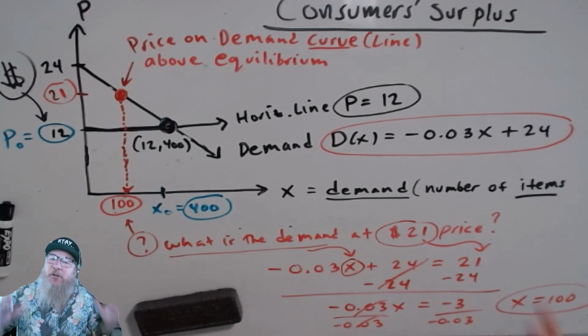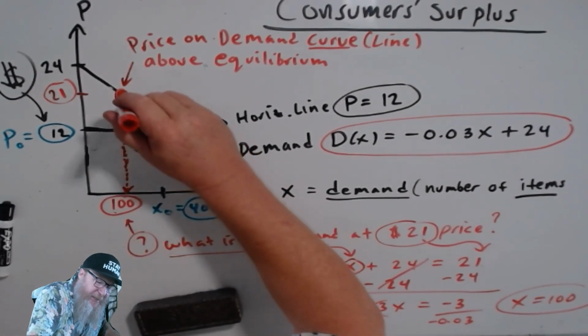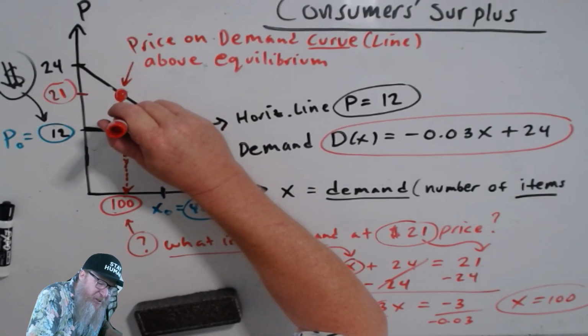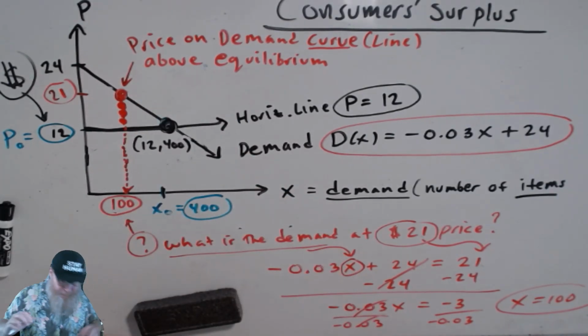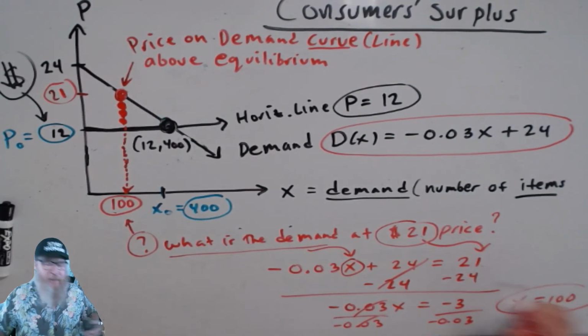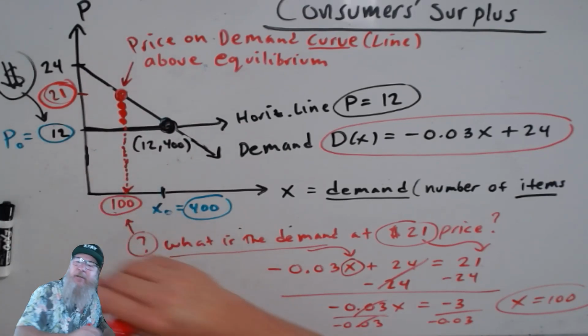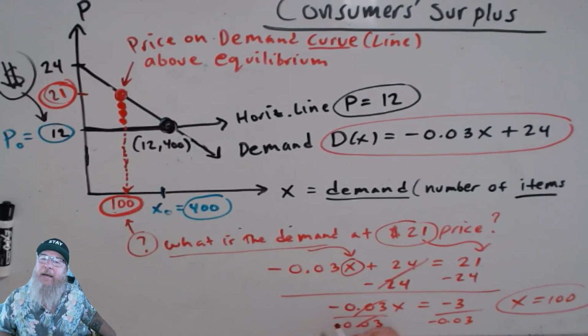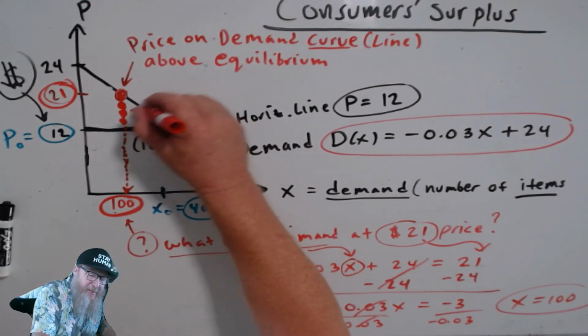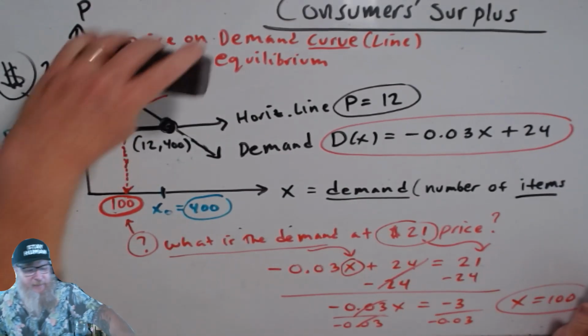So consumer surplus is basically saying, look at all these different possible price points. At $21, 100 people will buy it. You could sell it for less.